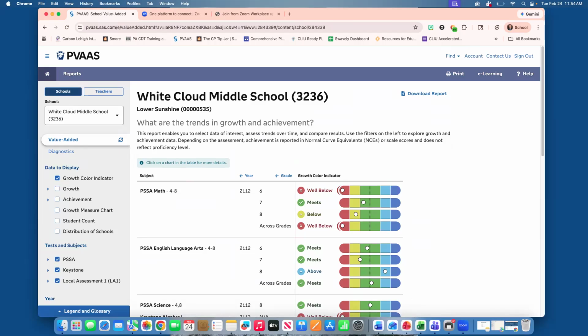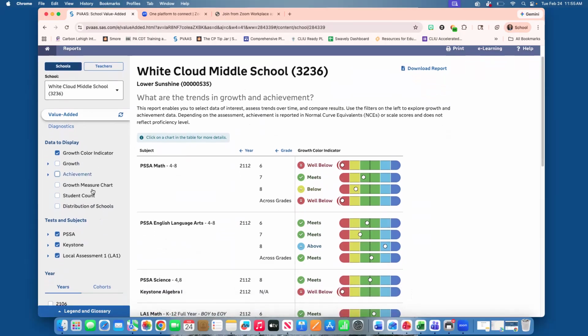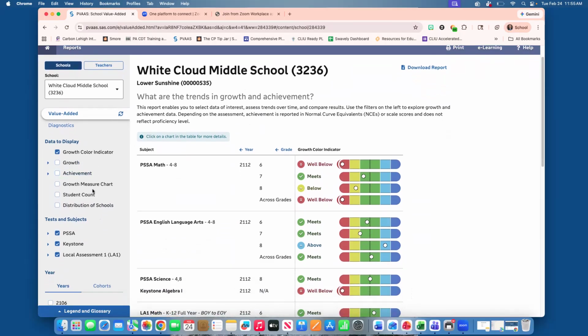So when I get to this screen, I'm going to ask myself, what are the trends in growth and achievement? This report enables you to select data of interest, assess trends over time, and compare results. This value added report helps answer one main question: did a student group maintain, increase, or fall behind in their achievement?